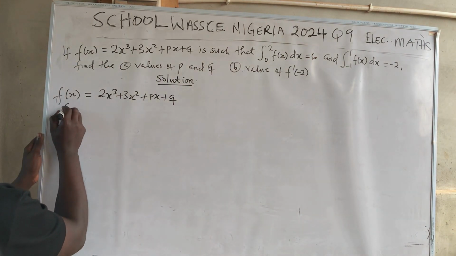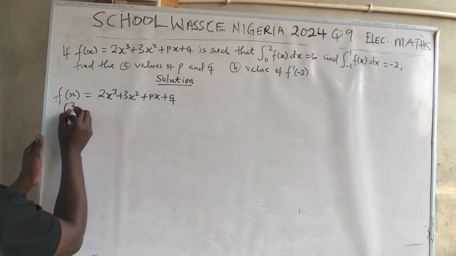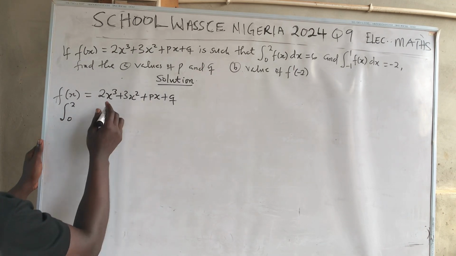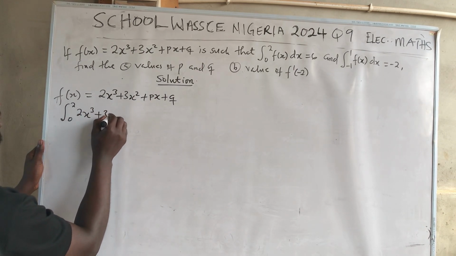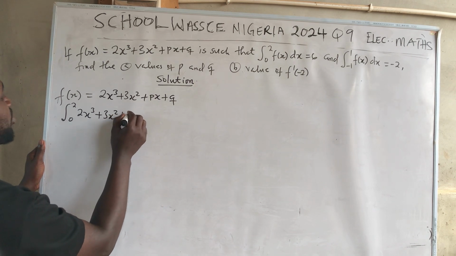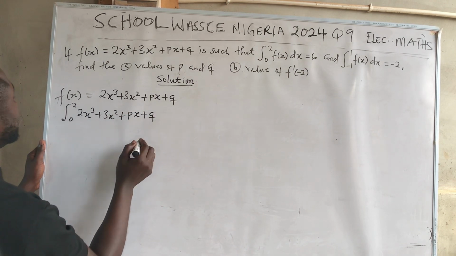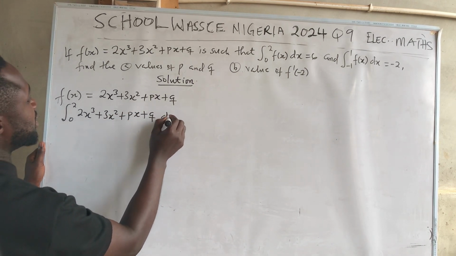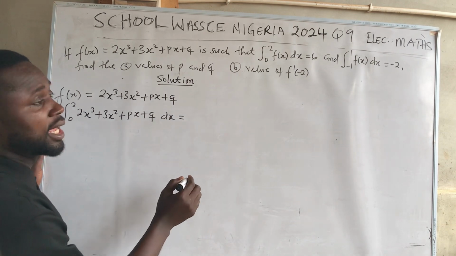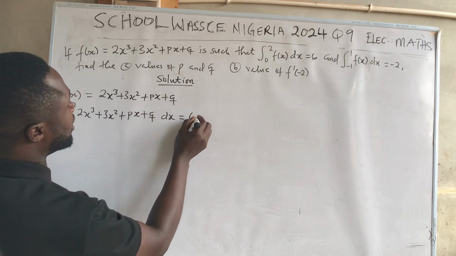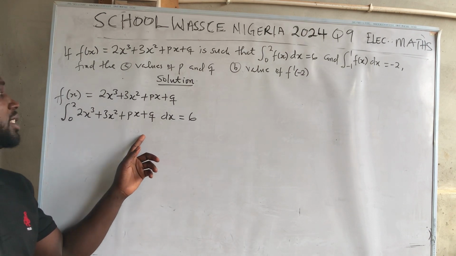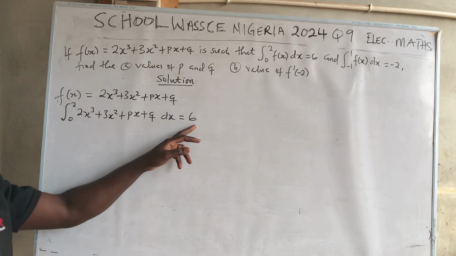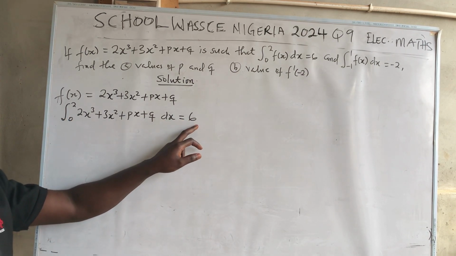So the integral of f of x, 2x cubed plus 3x squared plus px plus q, dx will give me positive 6. So we are going to integrate this with the limits 2, 0, and after doing that it will be equal to 6.